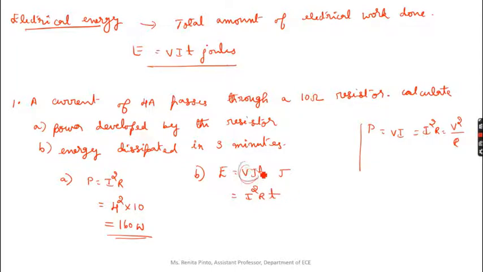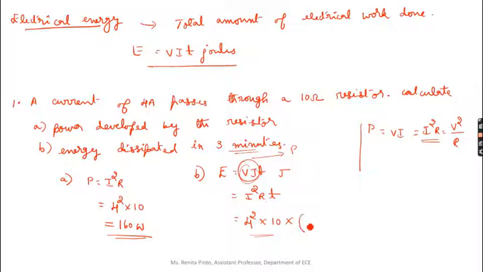Why? Because V into I is nothing but power, and power can also be written as I square R. So I have written I square R into T, and I can substitute that. So 4 square into R is 10 into time. Now time is given in minutes, but according to this formula time is in seconds, so I have to write the time in seconds.